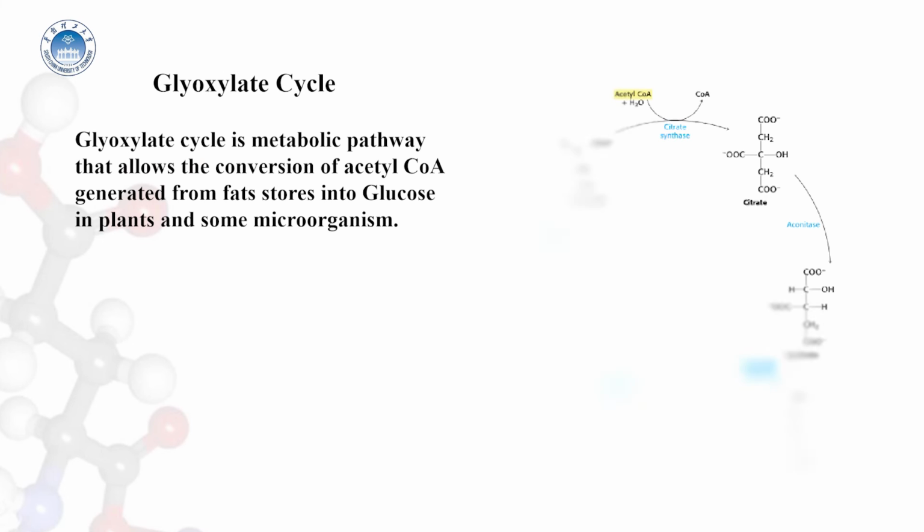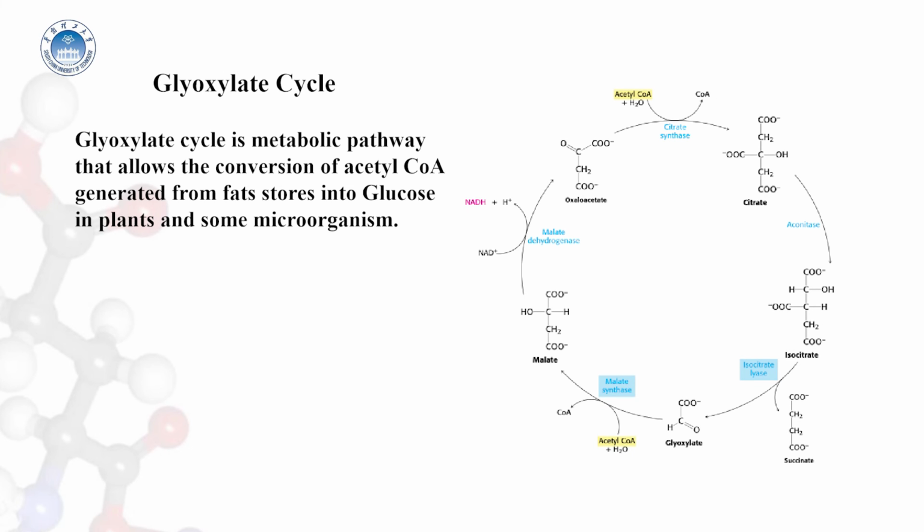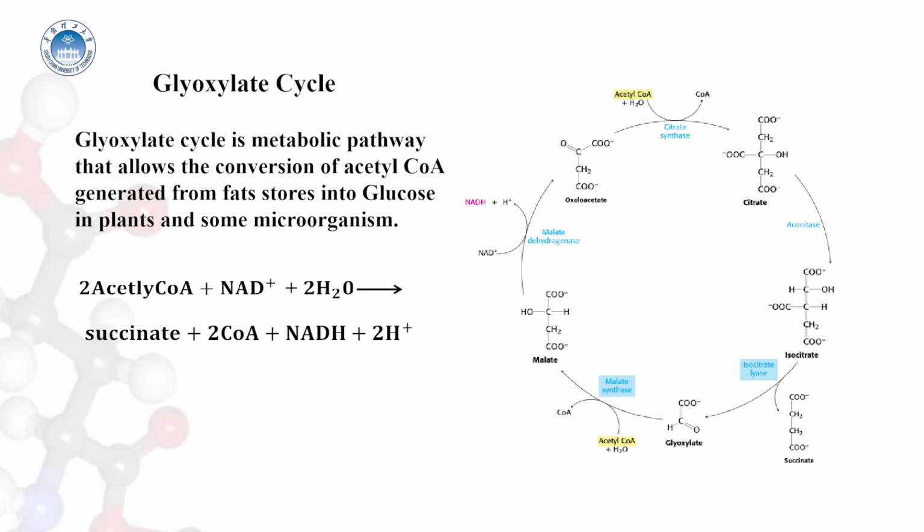The glyoxylate cycle is a metabolic pathway that allows the conversion of acetyl-CoA generated from stored fats into glucose in plants and some microorganisms. The overall reaction is as follows. In plants, this occurs in organelles called glyoxysomes and is especially predominant in oil-rich seeds, for example, sunflowers, cucumbers, and beans also.